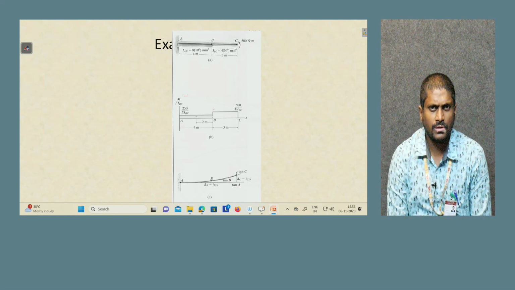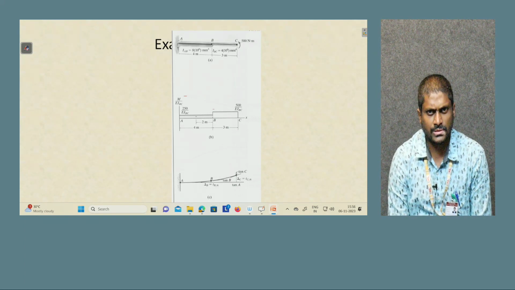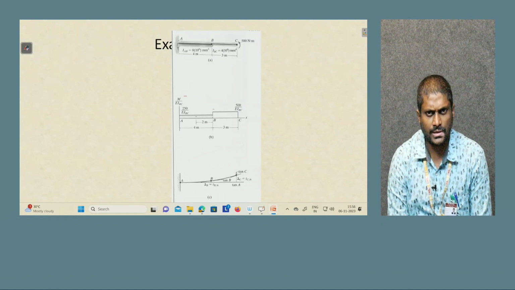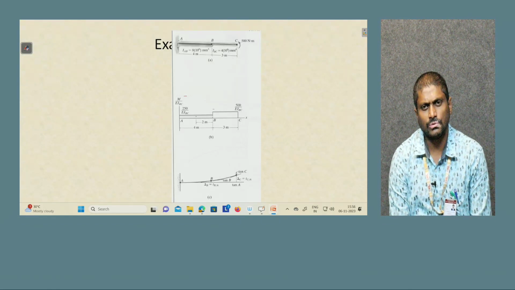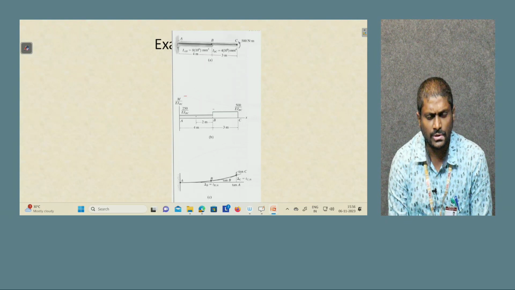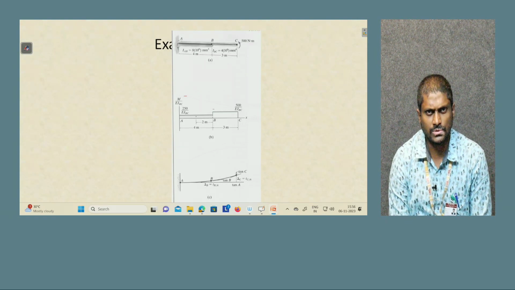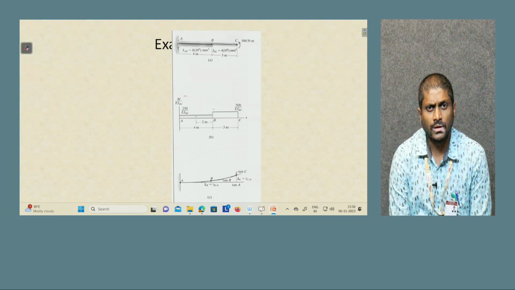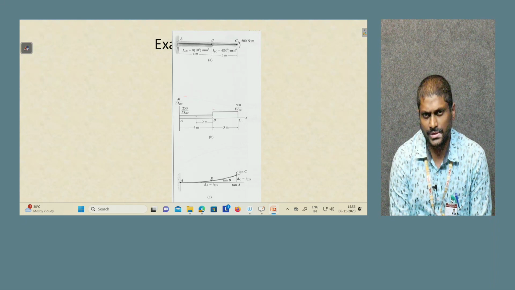Then as usual, by applying the equations of equilibrium, summation of Fx equals 0, summation of Fy equals 0, summation of moment at any point equals 0, since the cantilever beam is a statically determinate structure. To analyze a determinate structure we require only 3 equations, because the unknowns are also 3.